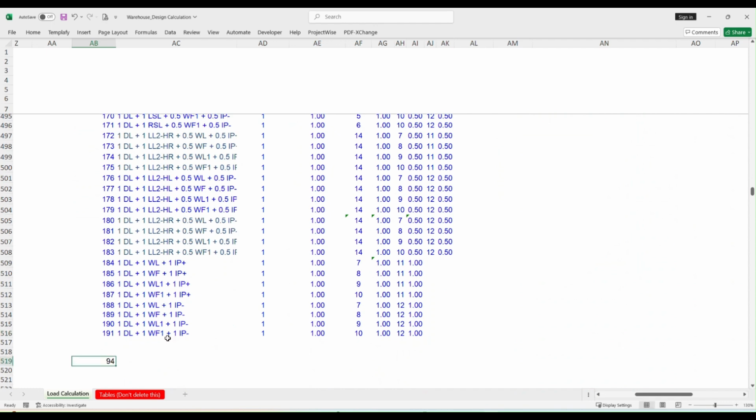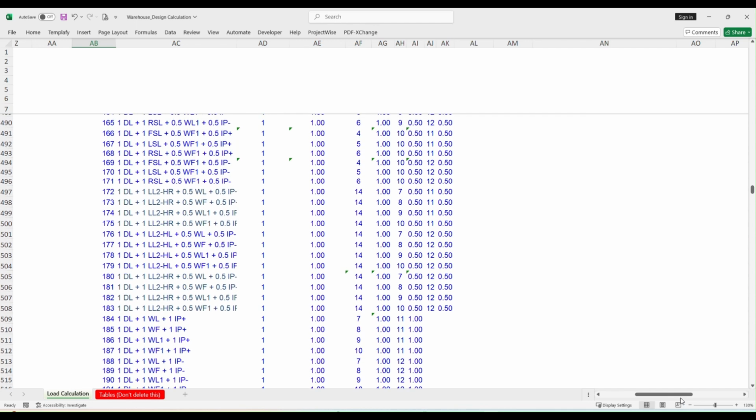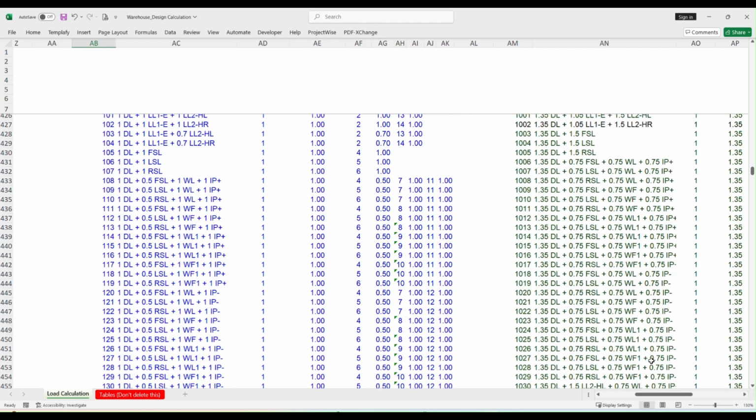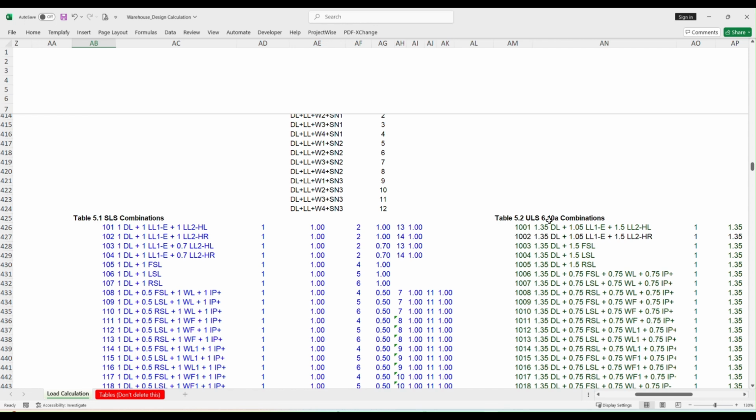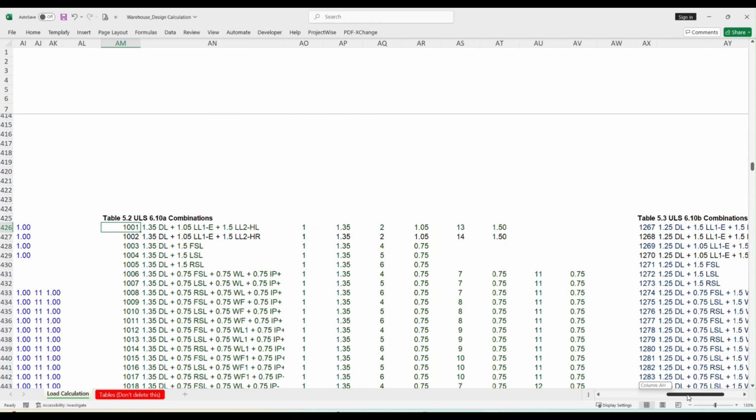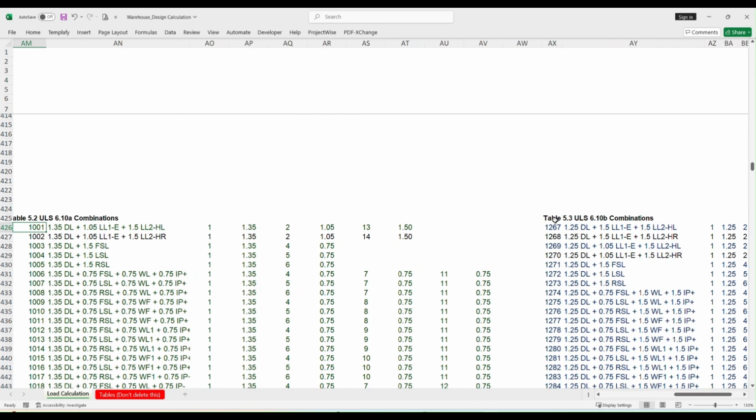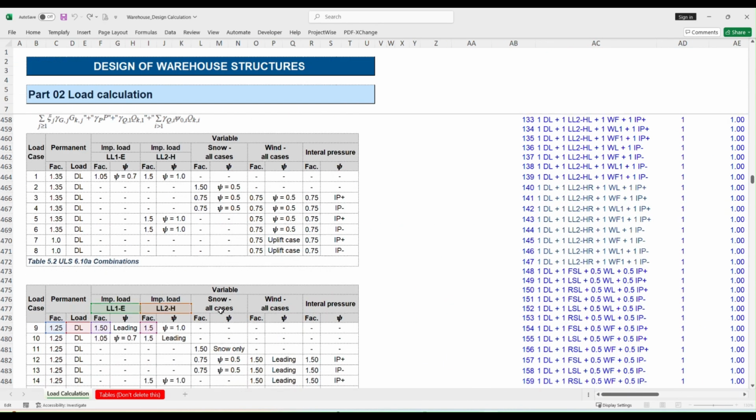And for equation 6.10a, these are the load combinations. Here we are going to consider from 1001, and for load combination 6.10b, these are the load combinations which we have linked to the calculated table here.